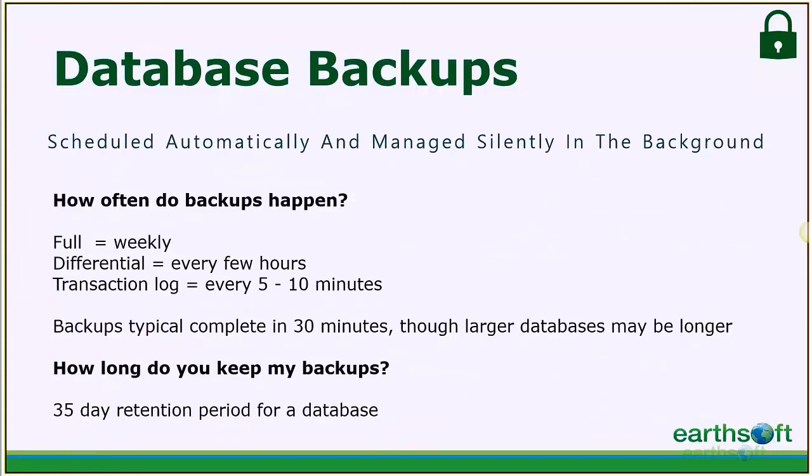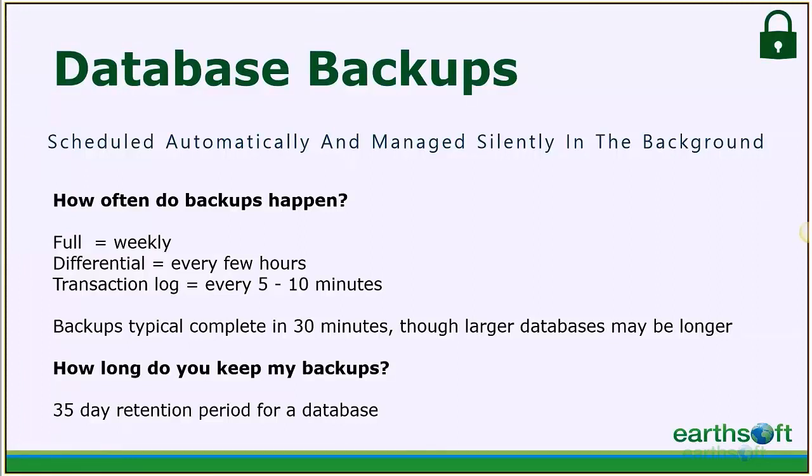A full backup occurs every week, meaning that your database is completely backed up in its entirety once a week. And that backup is stored up to 35 days after it's completed. A differential backup occurs several times a day, every few hours.